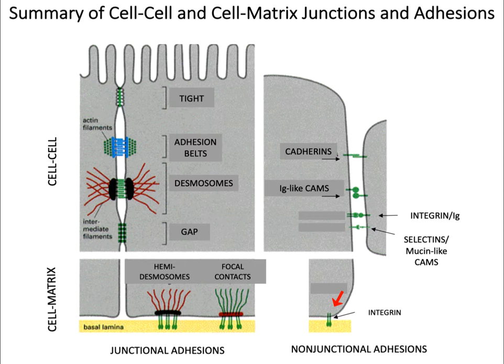So if you look at the bottom, the interaction between the integrins and the matrix, and then you have interactions of the cadherins with each other, interaction of the immunoglobulin superfamily of cell adhesion molecules with each other, the interaction of the same family with integrins, and then you have the interaction of the selectin with glycoproteins known as the mucin-like CAMs. And this is just a slide that summarizes all of the junctions.